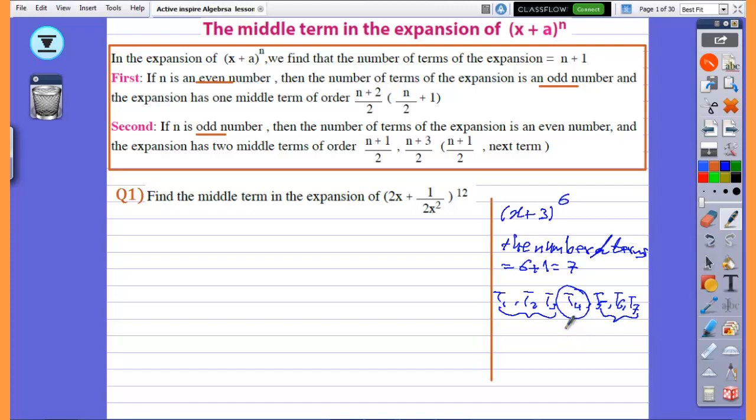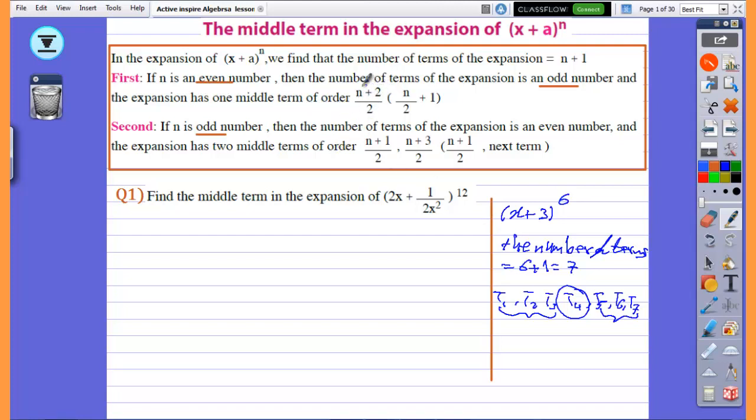But how do you determine the order of this middle term? For that, we have a rule. In case n is even, the order of the middle term is (n plus 2) over 2.